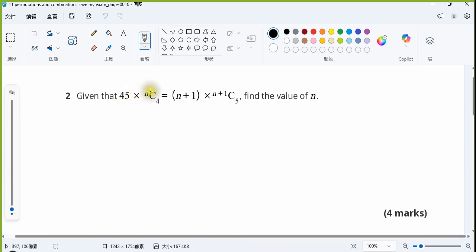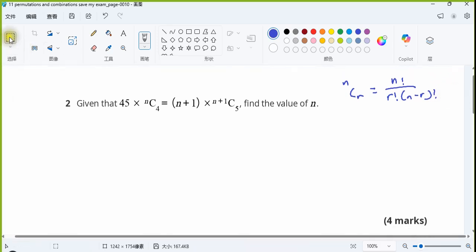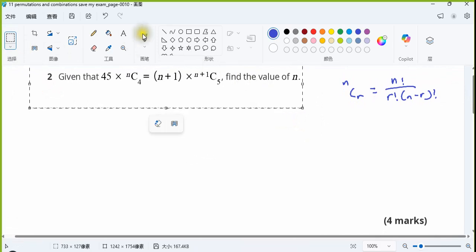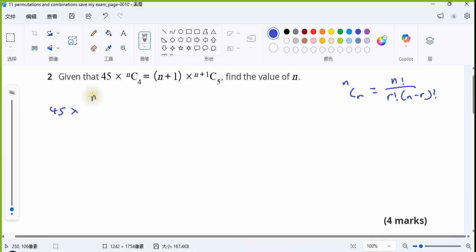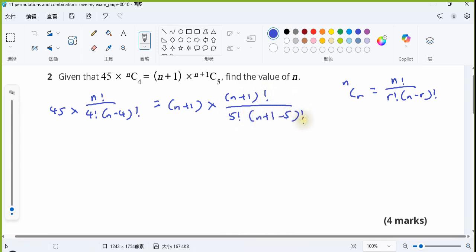Given 45 times nC4 equal to n plus 1 times the n plus 1 C5. So we know that the nCr here is n factorial over r factorial, n minus r factorial. Okay, so for this question number 2 here, we have 45 times n factorial over 4 factorial, n minus 4 factorial equal to n plus 1 multiplied with the n plus 1 factorial over 5 factorial, n plus 1 minus 5 factorial.